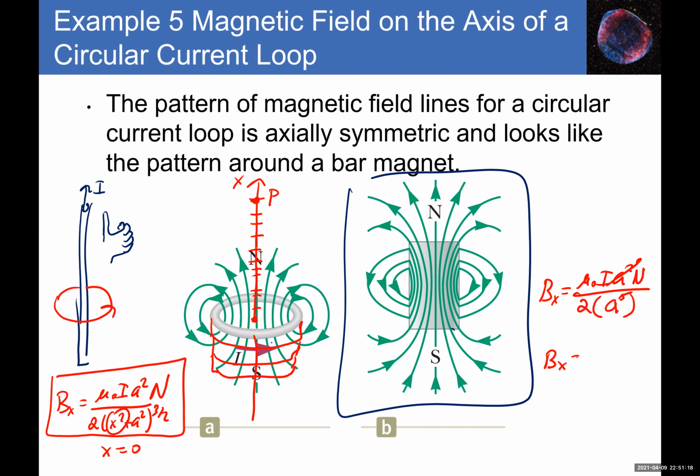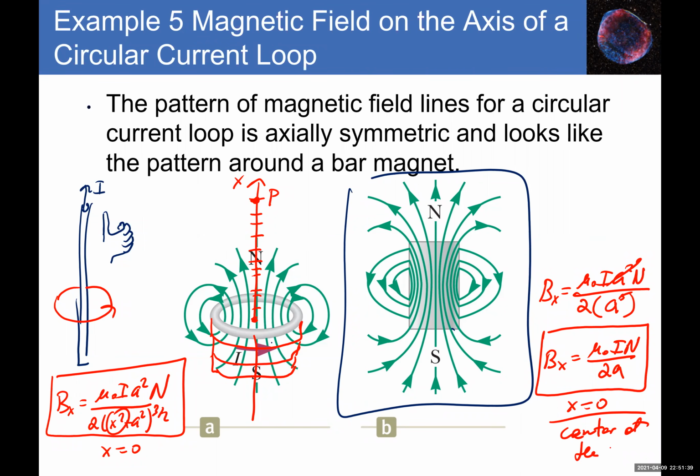Then the x component of the magnetic field will be just mu naught I N divided by 2a, where a, remember, is the radius of the loop. This is when x equals 0, that means at the center of the loop. So mu naught I N over 2a is the magnetic field at the center of the loop.